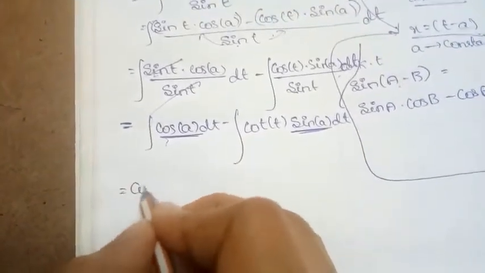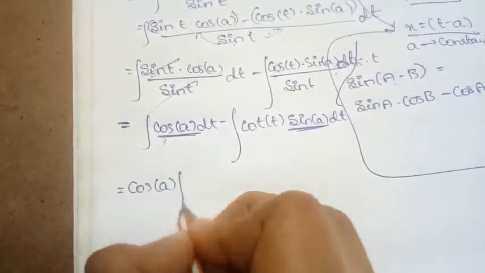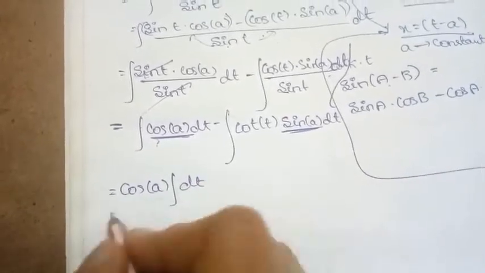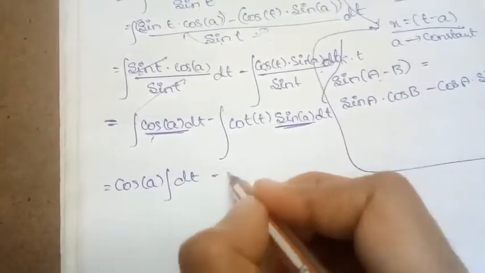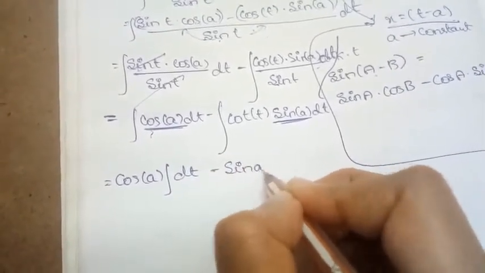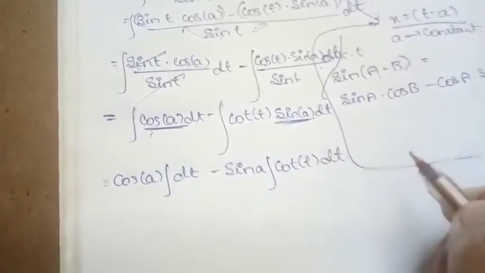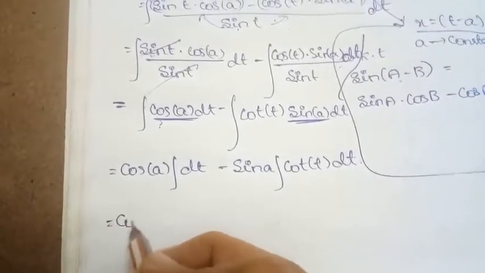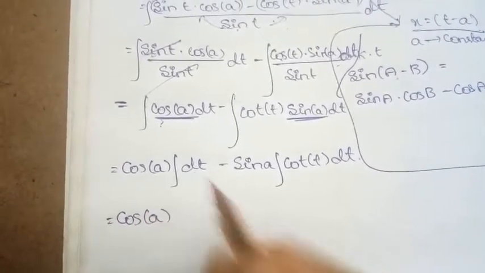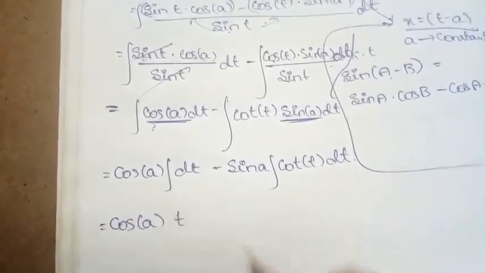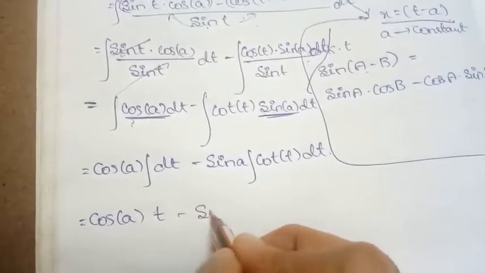So I am bringing those constants outside the integral. So it becomes cos a integral dt minus sin a integral of cot t dt. Now let us integrate this. Cos a times the integral of dt is nothing but t itself, minus sin a.